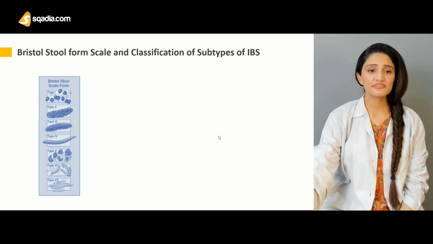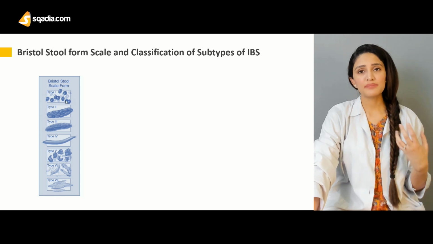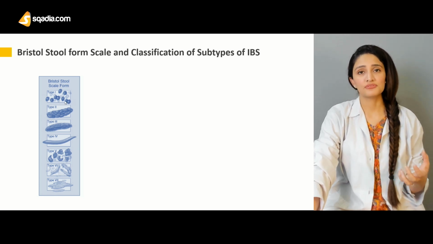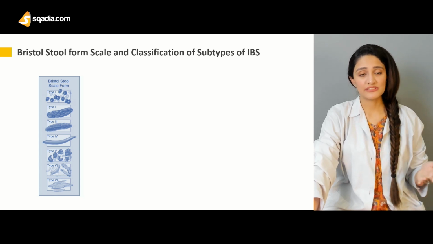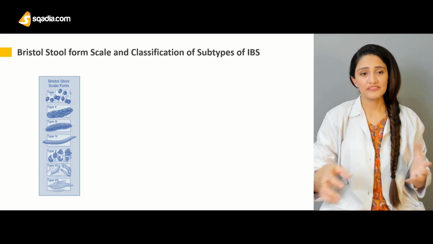If we talk about the first type, as you can see, it's more of a pebble type of appearance of the stool. So it's usually in patients who are constipated. Type 2 also has a pebble type form, but it's all united.